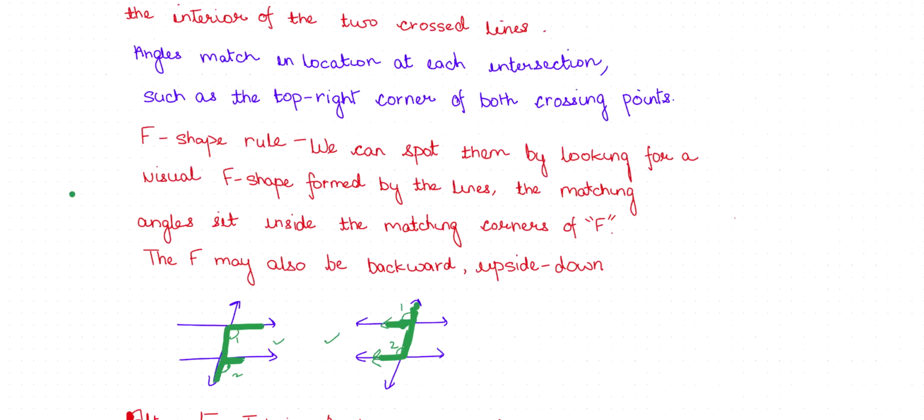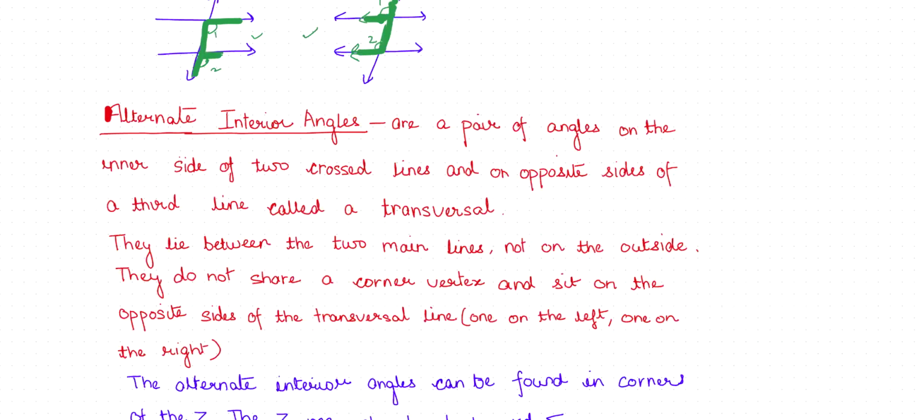These concepts are very necessary when we do a complex problem at the end. So alternate interior angles are a pair of angles on the inner side of the two crossed lines like this. And they lie on the opposite sides of the third line called the transversal. This is the third line. Okay.